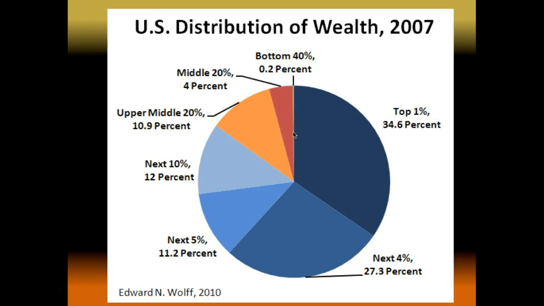So that means if there were $100 and 100 people, 60 of them would have to share $4.20. And one person would have $34.60. And the next 4%, so a total of 5% of the population here, would hold $61.90.